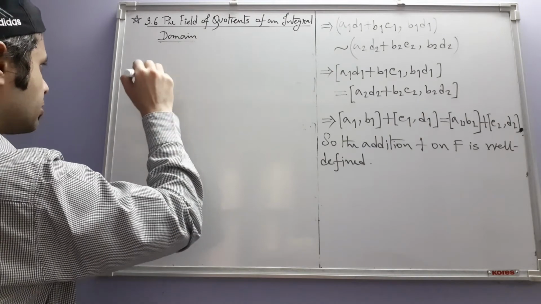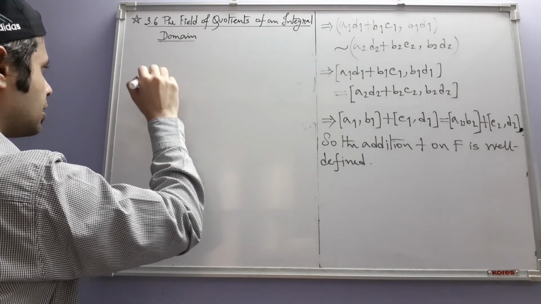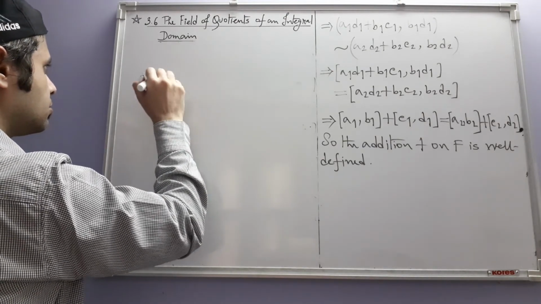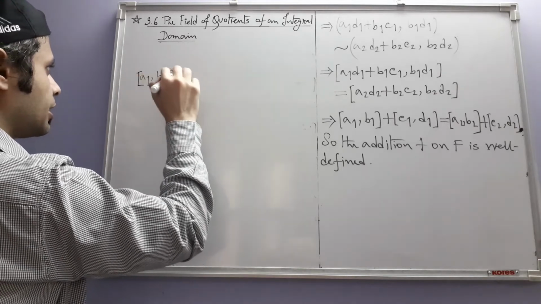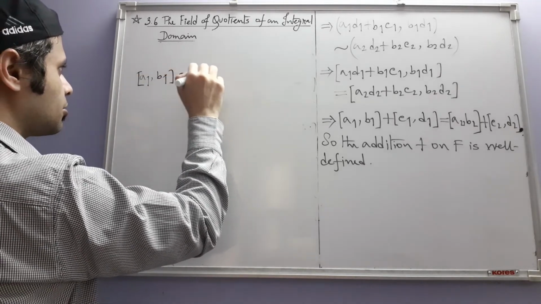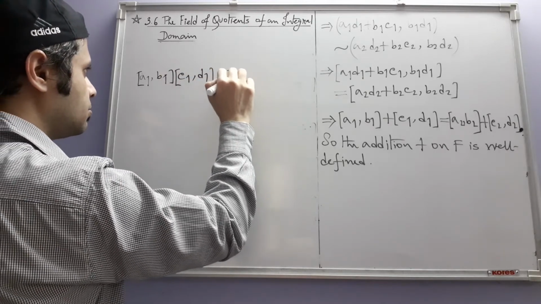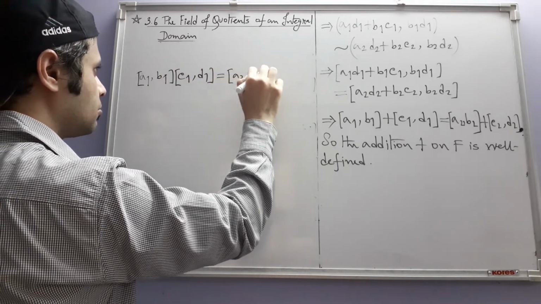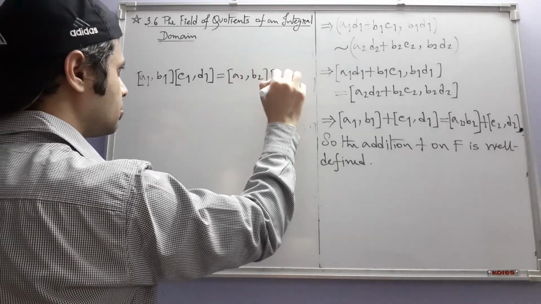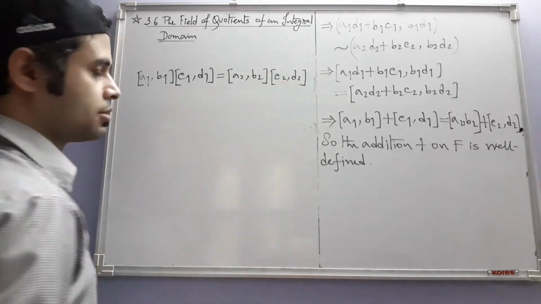So we want a1 comma b1 times c1 comma d1 to be equal to this.